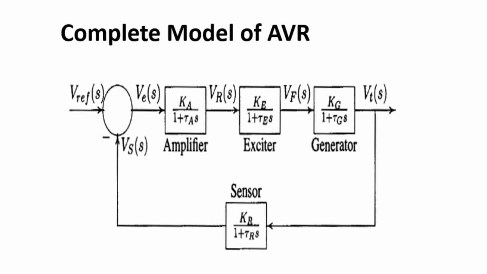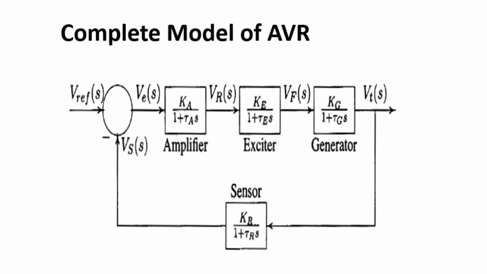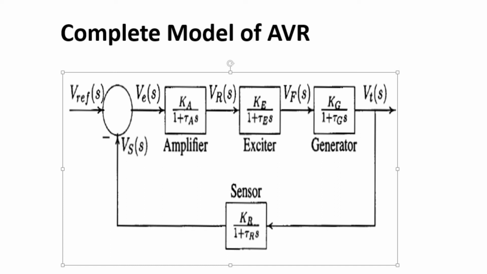Now we will construct this model in MATLAB Simulink. First we will open MATLAB Simulink, and then we will open the Simulink library. From the figure you can see here that we need 4 blocks for the transfer function.